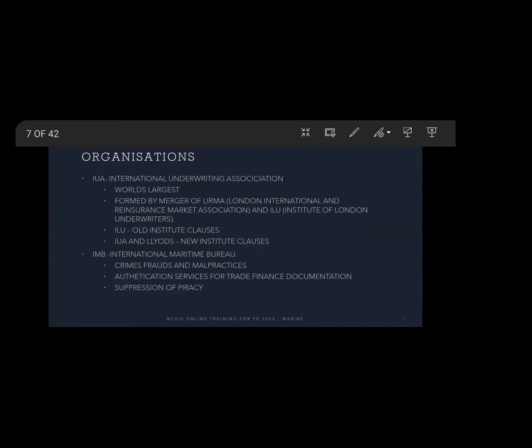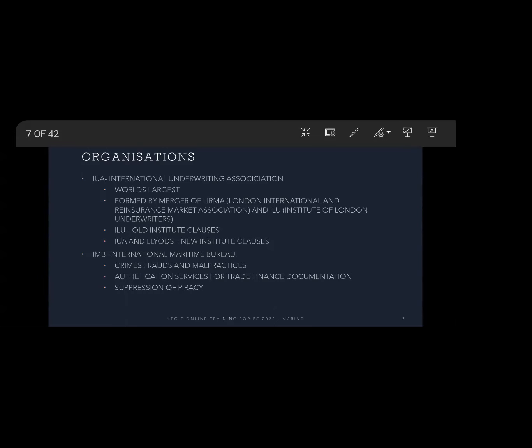It is this Institute of London Underwriters, ILU, which gave the old institute clauses. And when I say old institute clauses, I am referring to the Institute Cargo Clauses of 1982. Then IUA and Lloyd's together have formulated the new institute clauses. When I'm talking about the new institute clauses, I am talking about the Institute Cargo Clauses 2009.